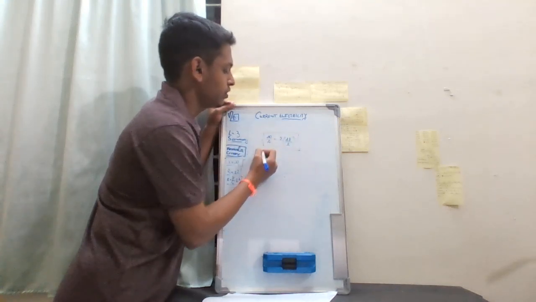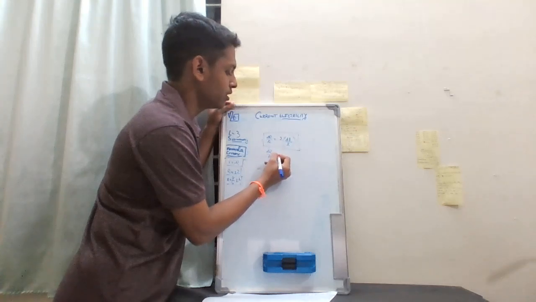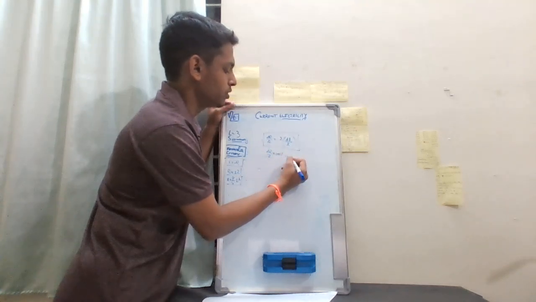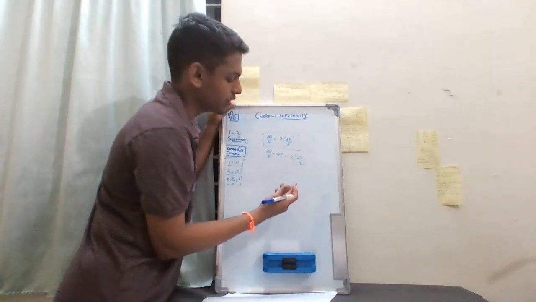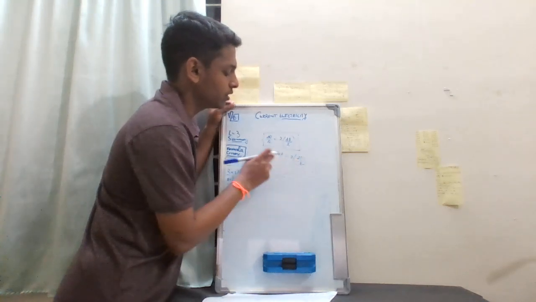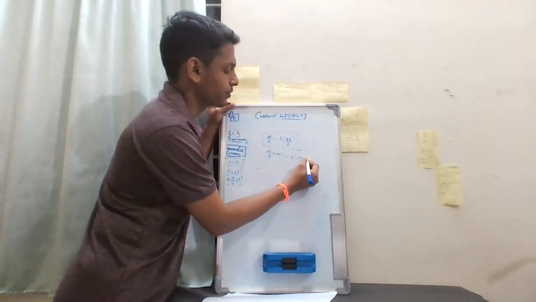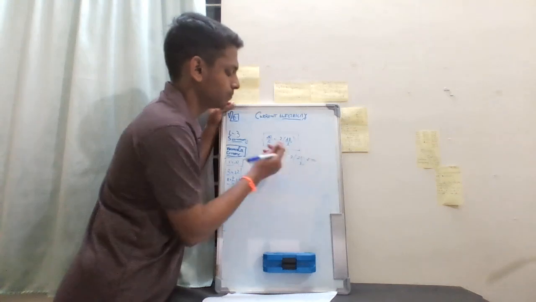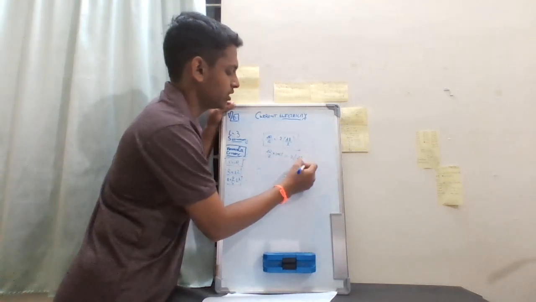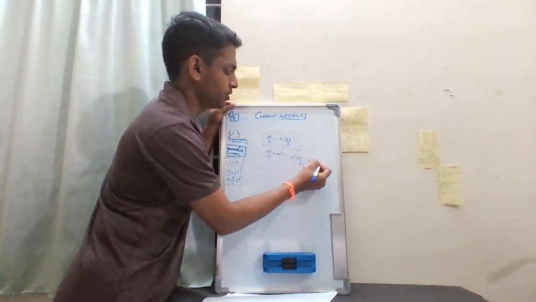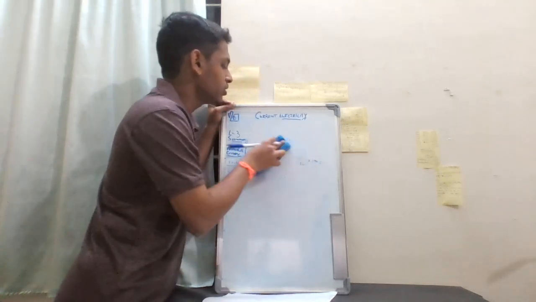If it is very small, dR by R into 100% is the percentage change. Whatever the change we are given in dL by L, we should just put it here. Then we'll get a percentage change in R, dR by R into 100%.